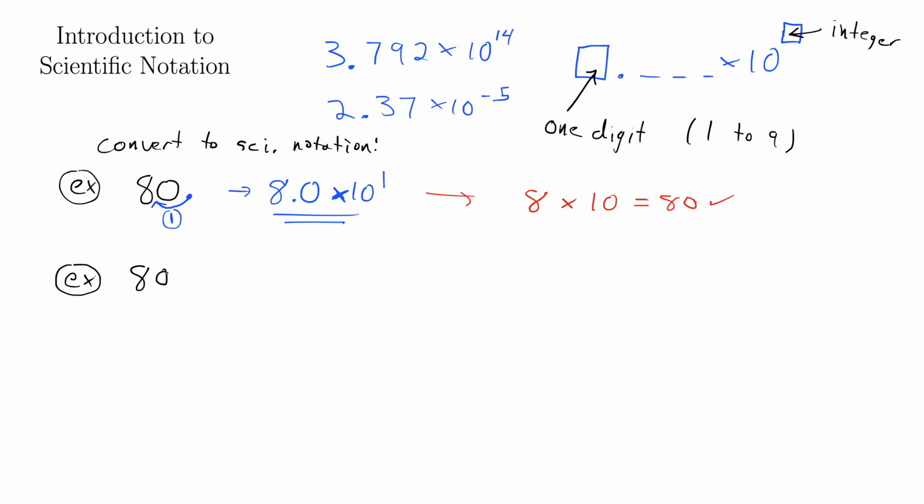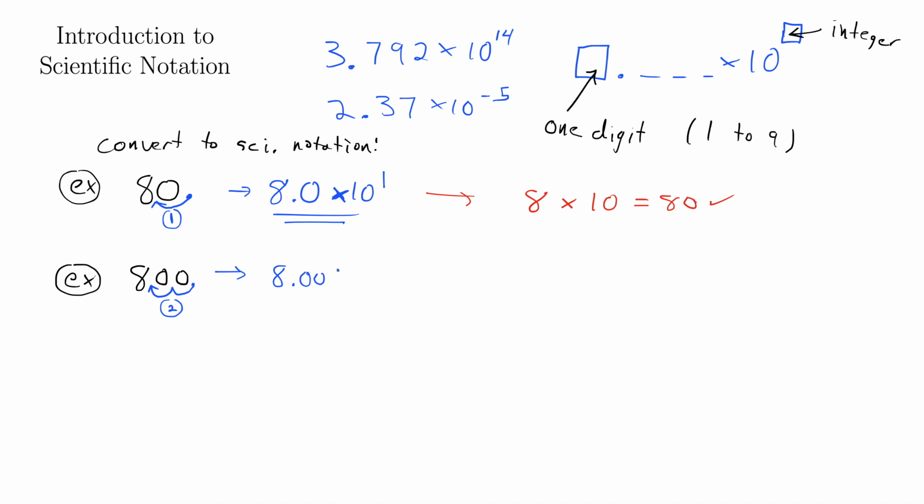Let's try 800. We take our decimal. We want to write this in scientific notation, so it's going to be some digit times 10 to the something. So 1, 2. We moved it 2 to the left. That gives us 8, or you could write it as 8.00. For our purposes, you just write it as 8. But in chemistry, it would matter.